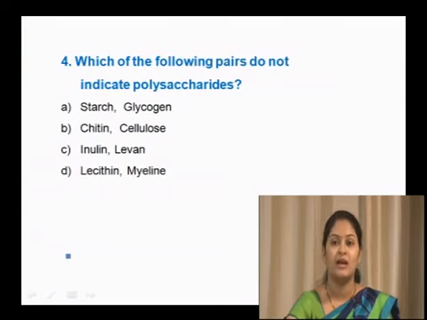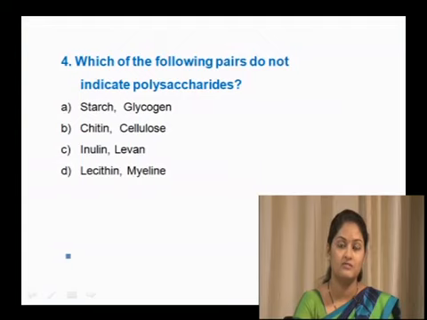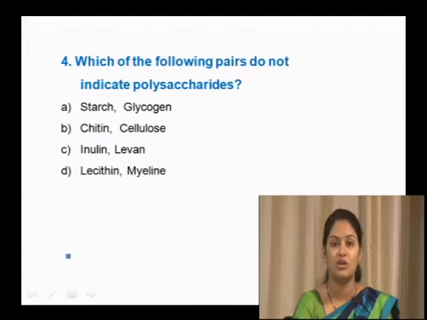They are actually lipids, different kinds of lipids referred to as lecithin and myelin. Just remember, lecithin is found in soybean and egg, which are important in understanding the working of the memory associated with the brain cells. So whenever a person has disorders of memory like dementia or Alzheimer's disease, they are administered lecithin.